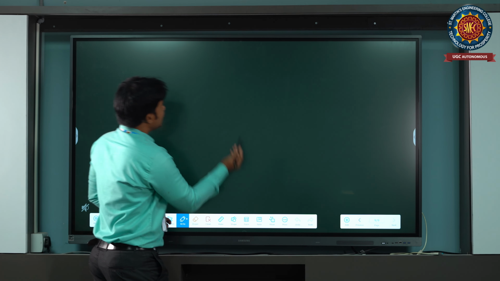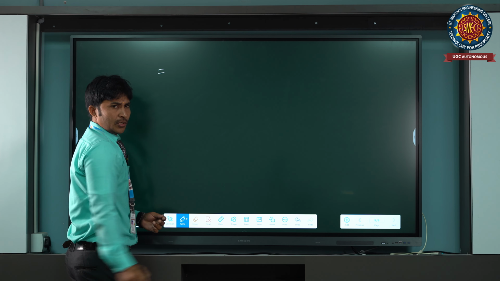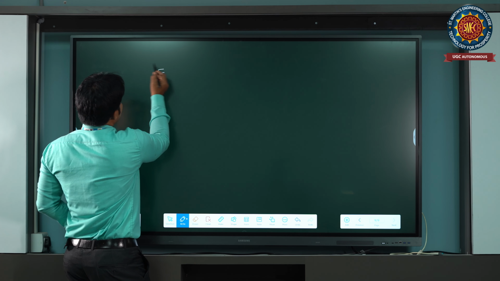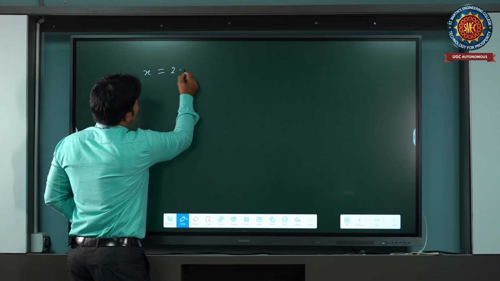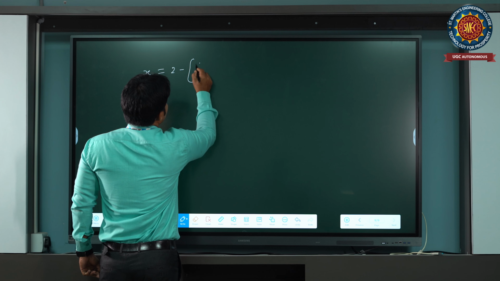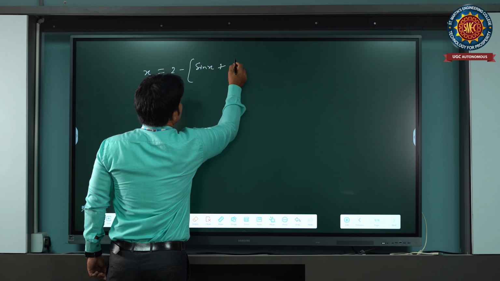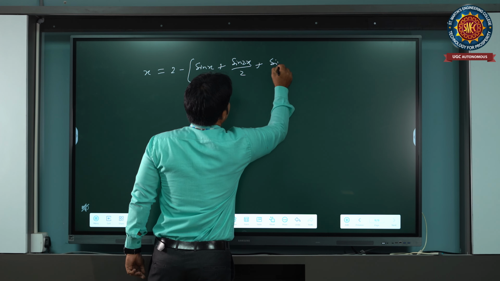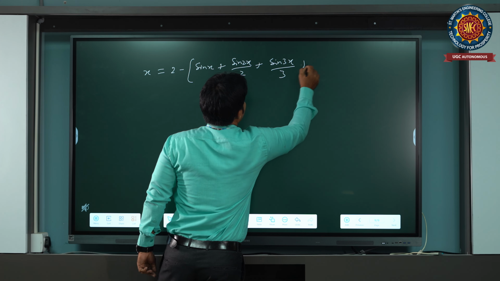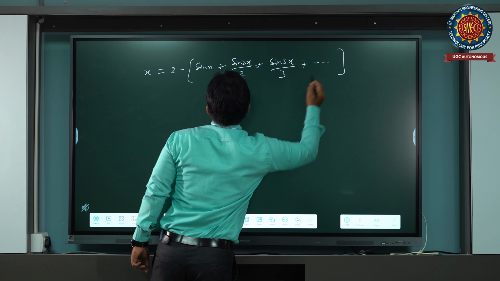Then the series is x equals pi minus 2 times sin x plus sin 2x by 2 plus sin 3x by 3 plus so on up to infinity.